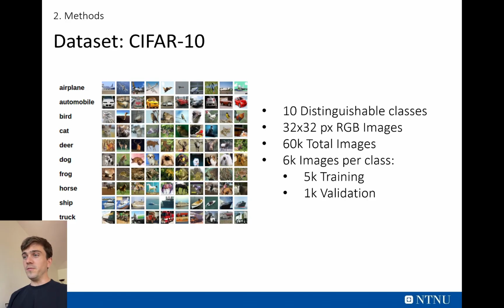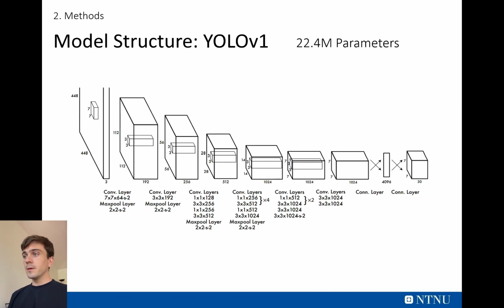I wanted to simplify everything, so I was giving an easy task to the matmul-free network. This dataset also has enough images for training, 5K per class, and 1K per class for validation. The model structure that I use is YOLO v1, which is a very simple structure that uses convolutional layers.